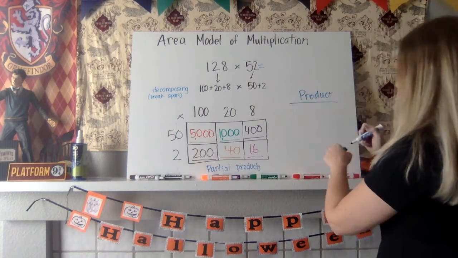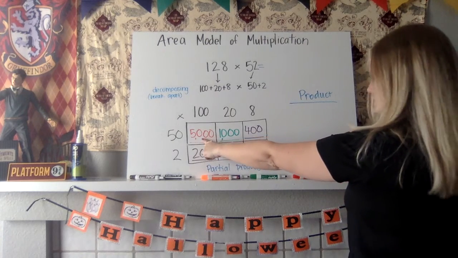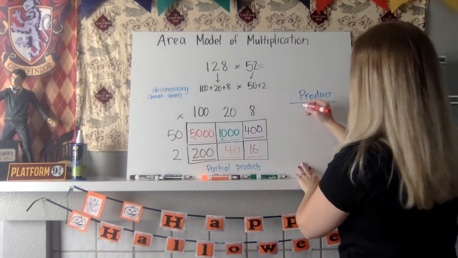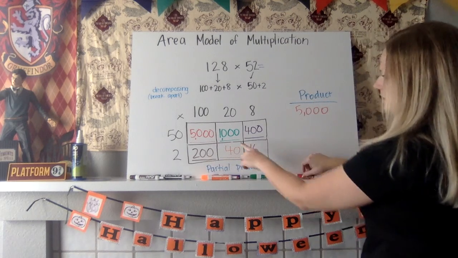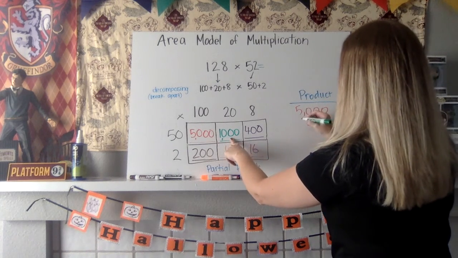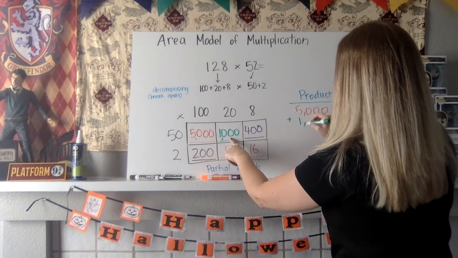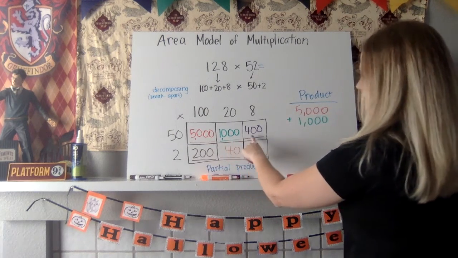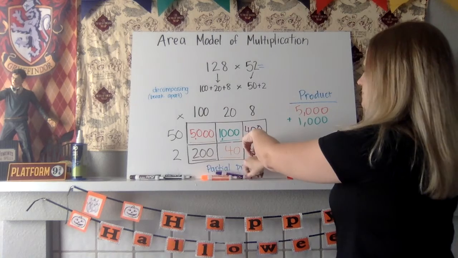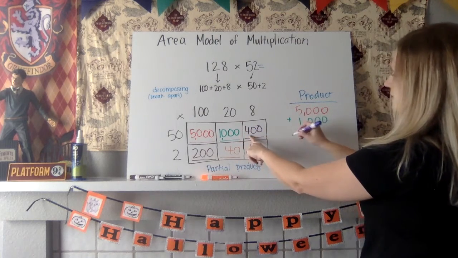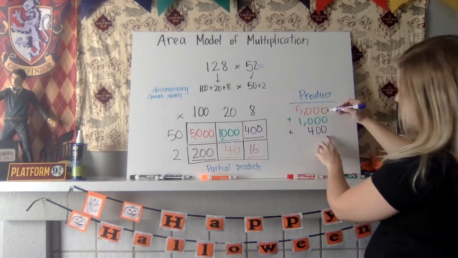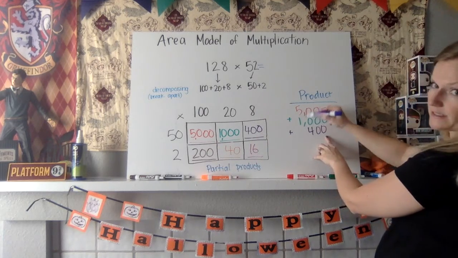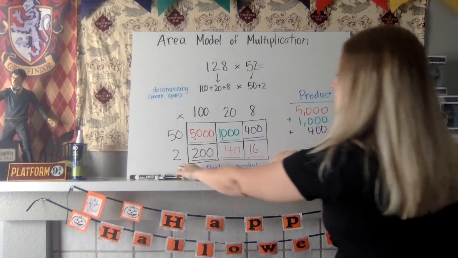Okay. So we're going to start top left. 5,000. Again, make sure that you are lining your numbers up correctly. Plus 1,000. Okay. Plus 400. And I'm just copying these numbers down. I am making sure that I'm lining up my ones, tens, hundreds, and thousands, so everything lines up.